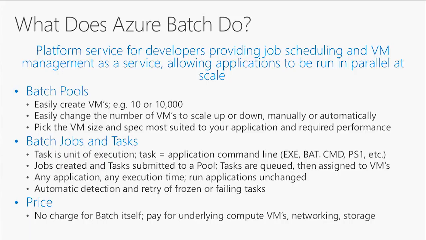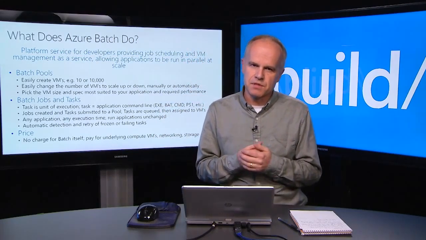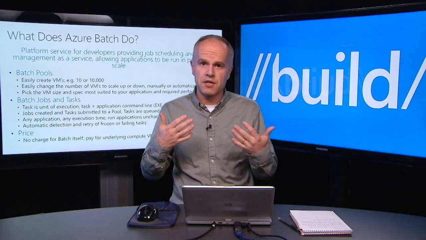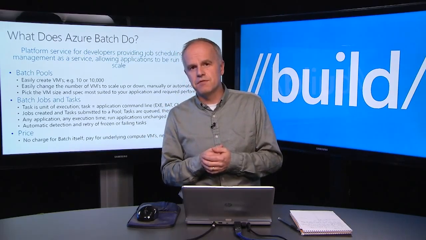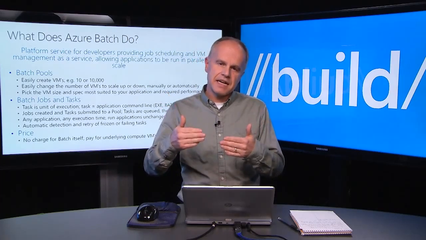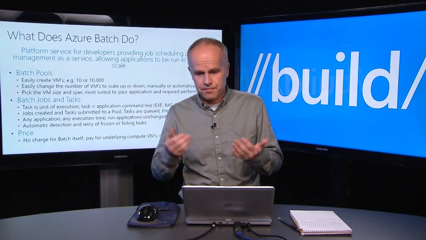As well as getting those VMs, it's very important, as I mentioned at the start, that we allow you to efficiently utilize those VMs and maximize your usage and the money you're paying for them. So we make it easy for you to scale up and down the number of VMs in a pool according to the load.